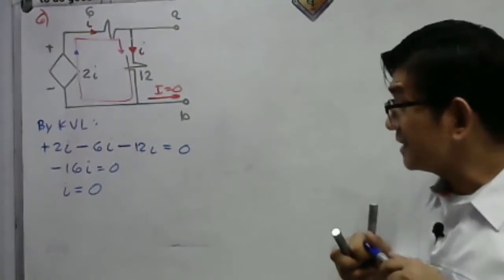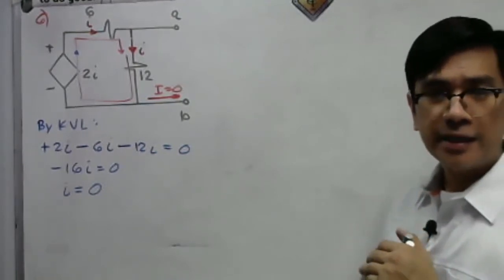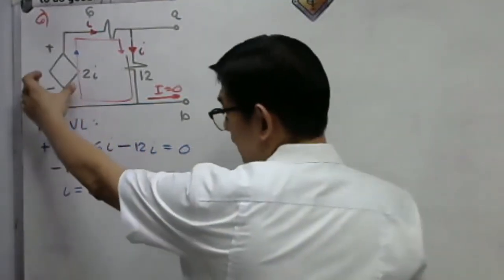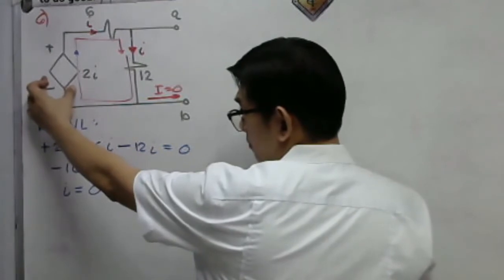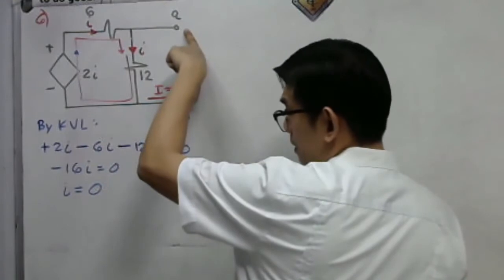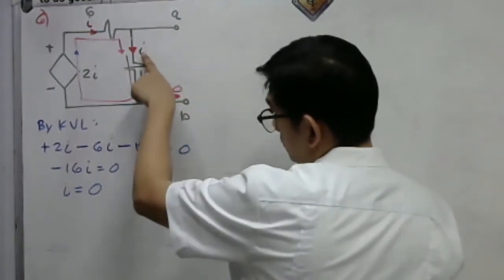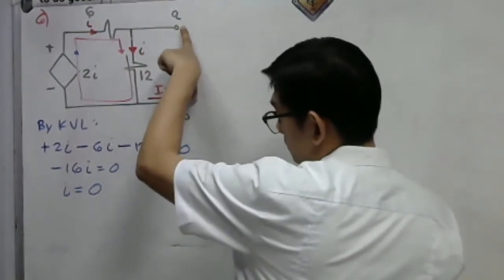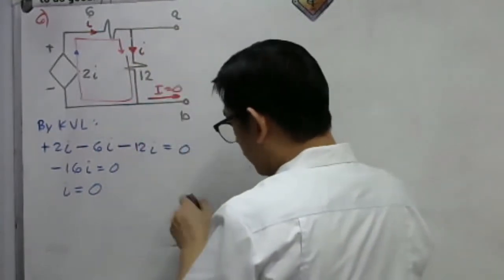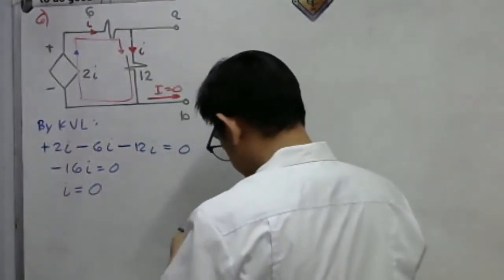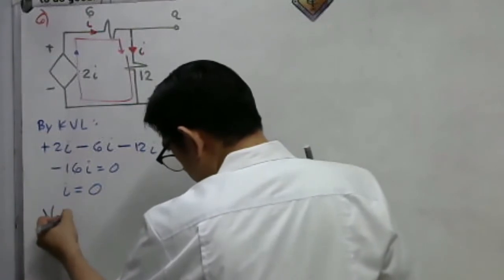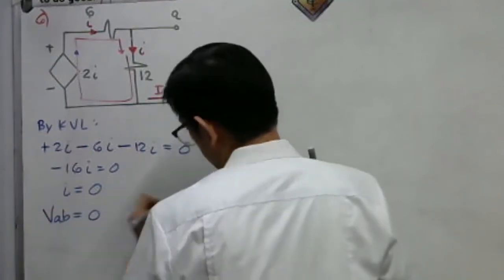We have to take note that if we have a dependent source here, there is no current that will flow. So therefore, our voltage at AB, our VAB, will just equal 0.